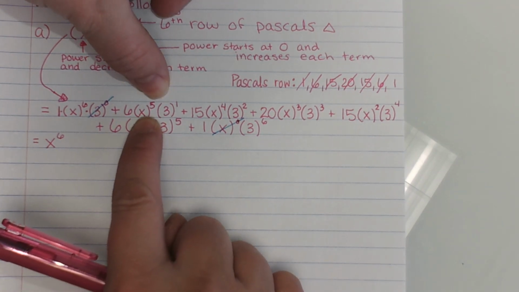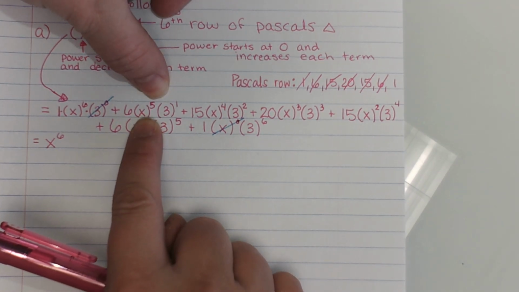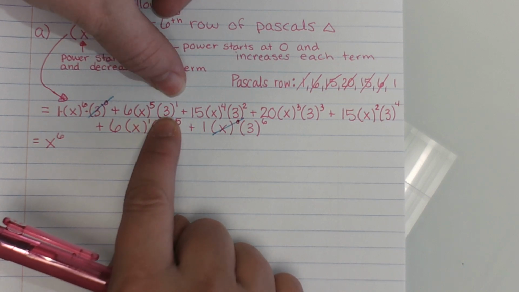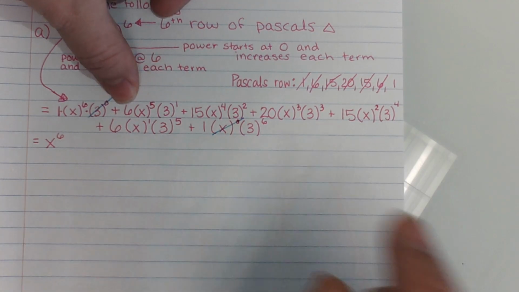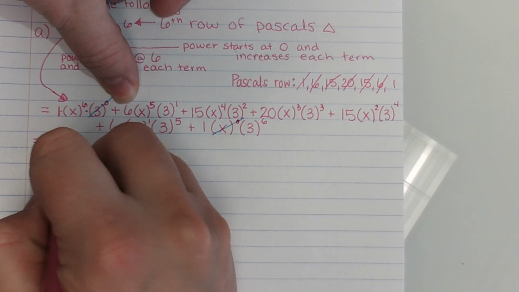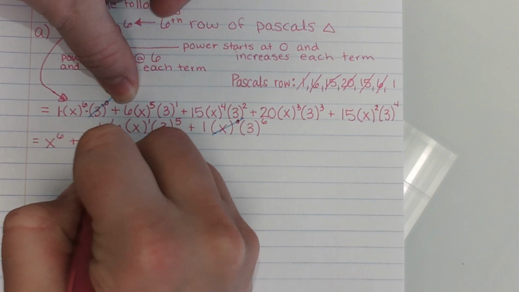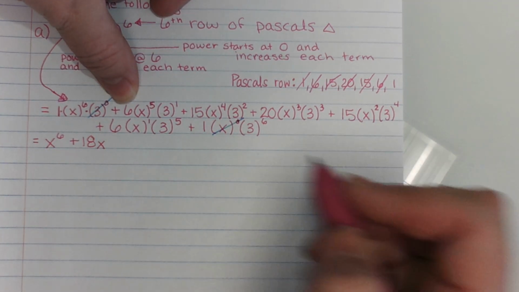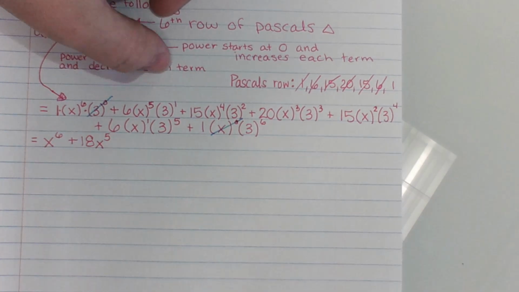Second term. Make sure you follow order of operations. Exponents go first. What is 3 to the 1st power? 3. 3 times 6 is 18. That's the only numbers involved in that problem. And then there's x to the power of 5 left.